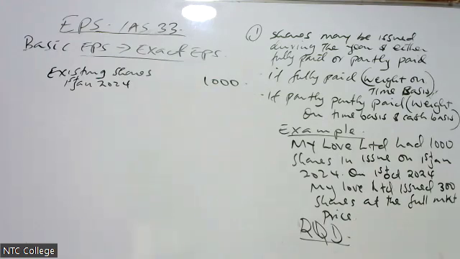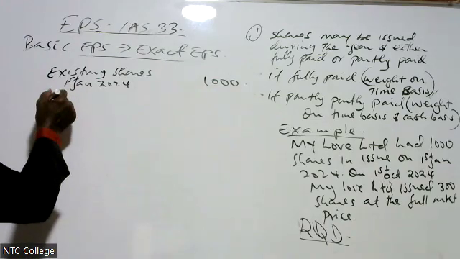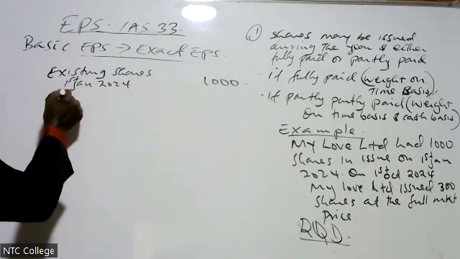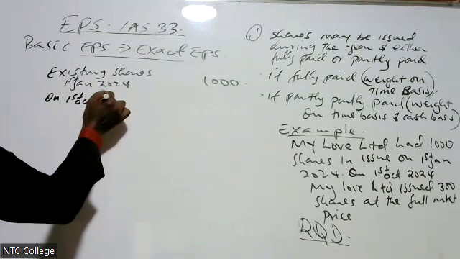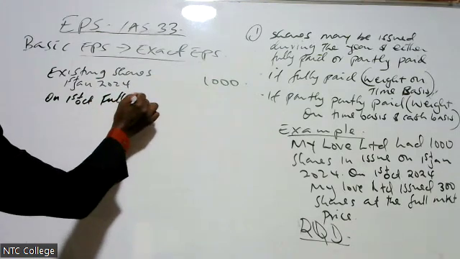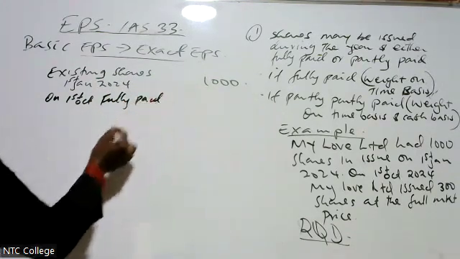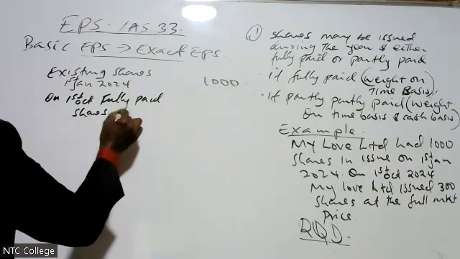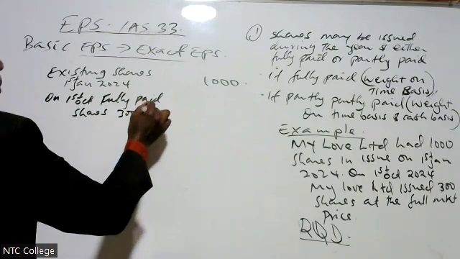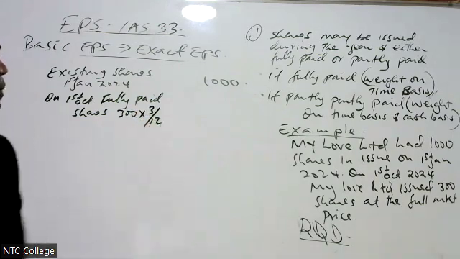Then on 1st October, we issued fully paid shares. It was 300. We multiply by 3/12.